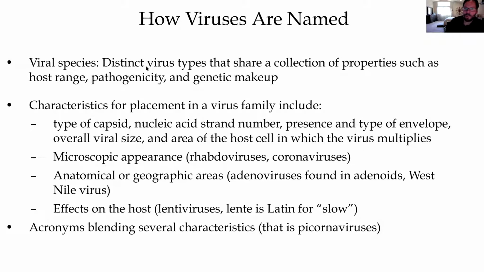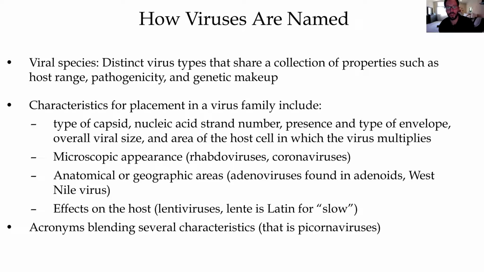Distinct viral types share a collection of properties, right? So their host range, what they can infect, the pathogenicity, so what kind of damage they do to the host. And then of course the genetic makeup. So we can sequence their genomes and see what degree of relationship they have to other known viruses.